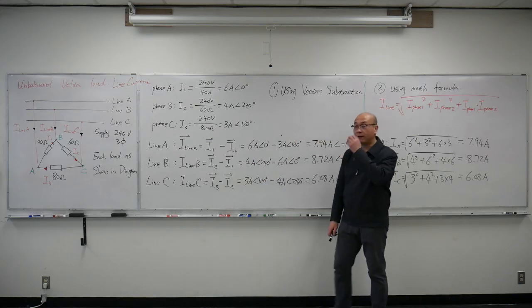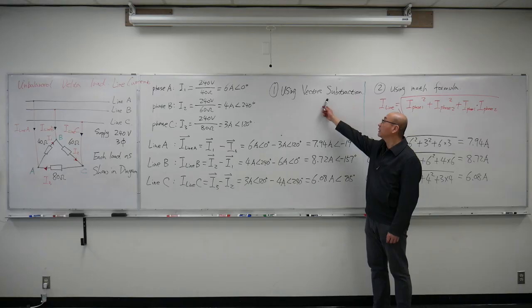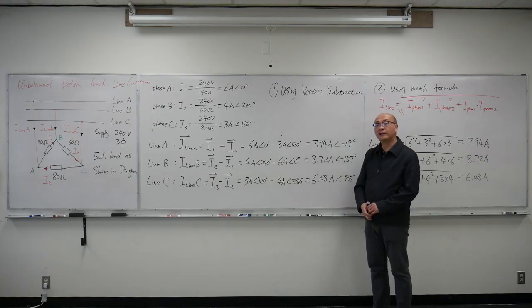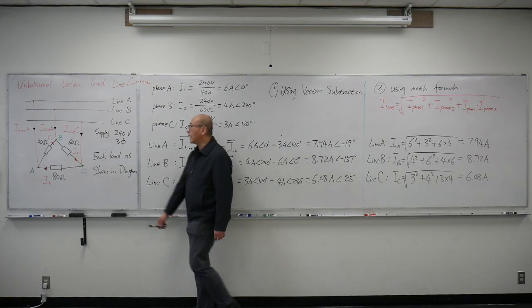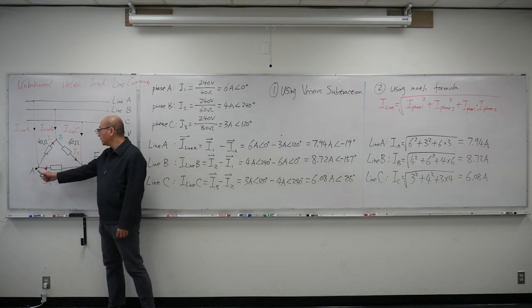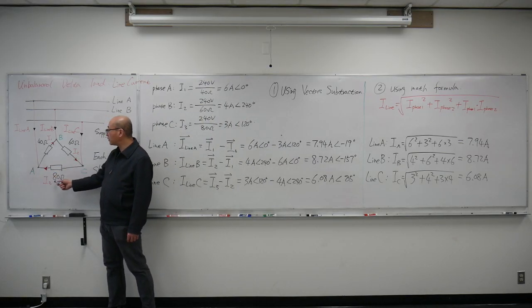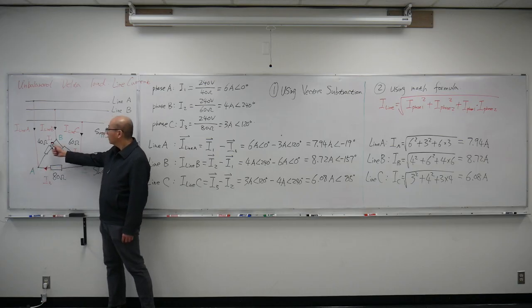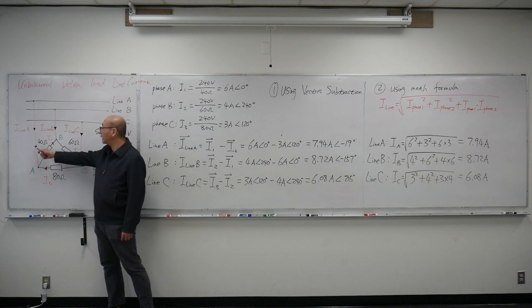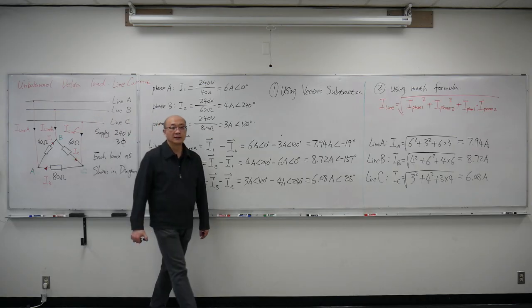The first method I'm going to show you is subtracting the 2 vectors to find my line current. If I look at point A here, phase current 3 goes into point A, phase current I1 comes out of point A, and the line current A goes into that junction point.